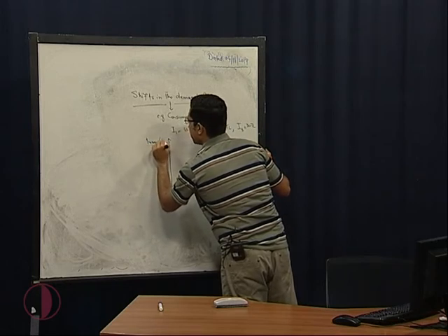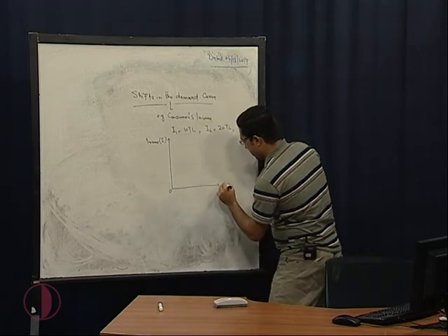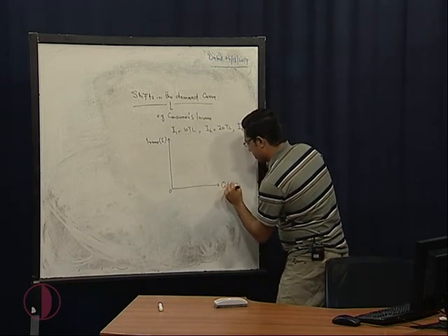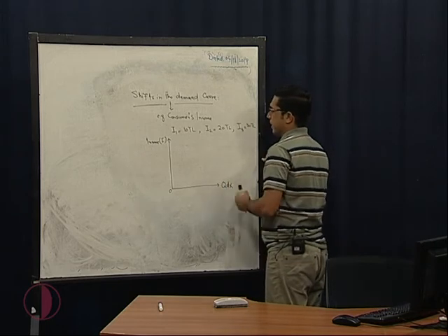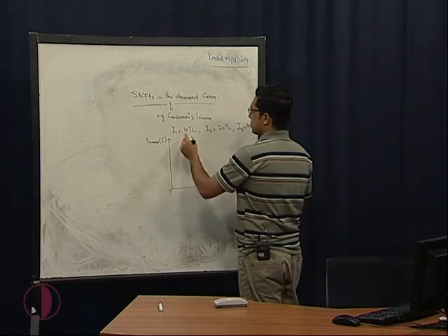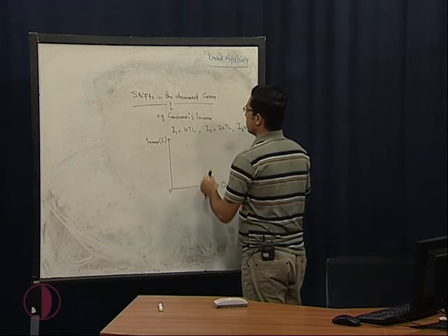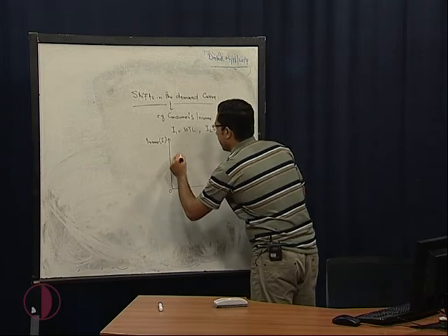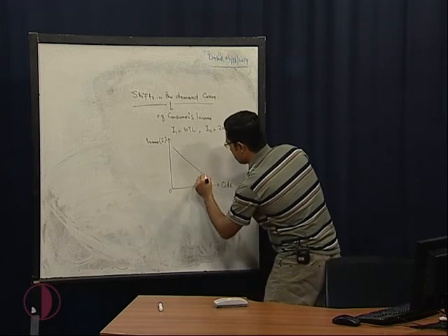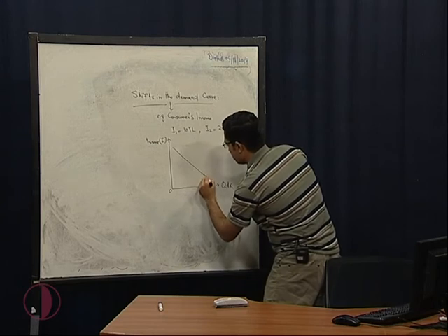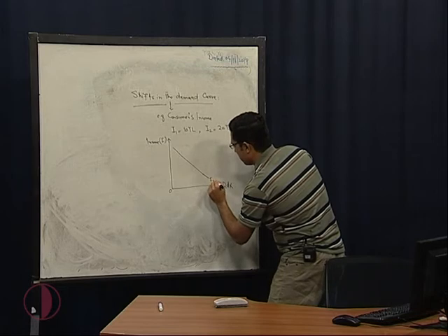Here we have income on the vertical axis and quantity demanded for commodity X on the horizontal axis. So if we have 10 Turkish lira, this will be the demand curve, I1.